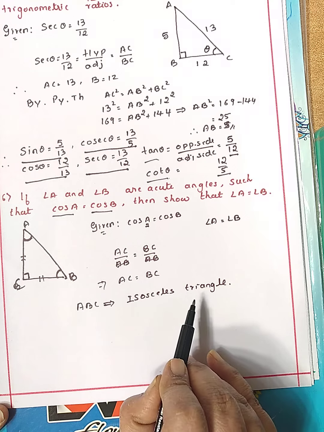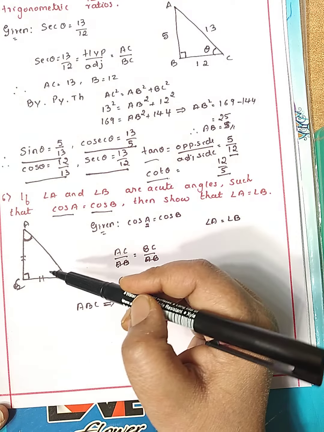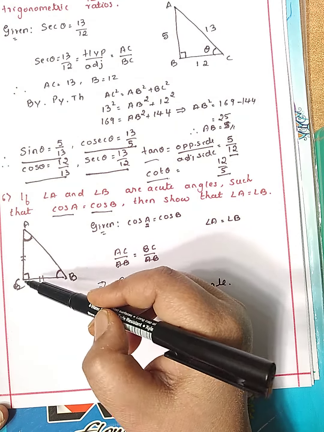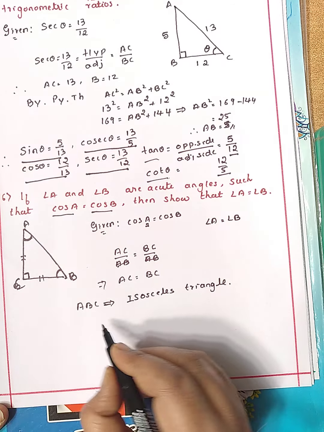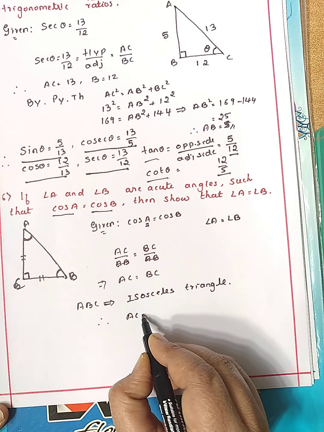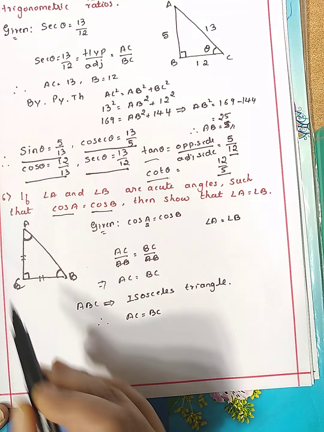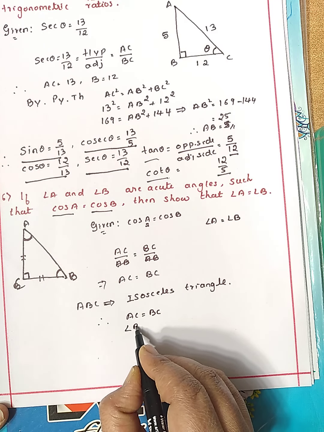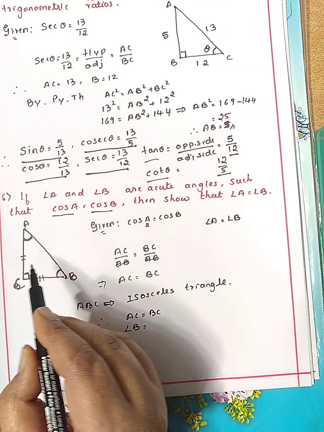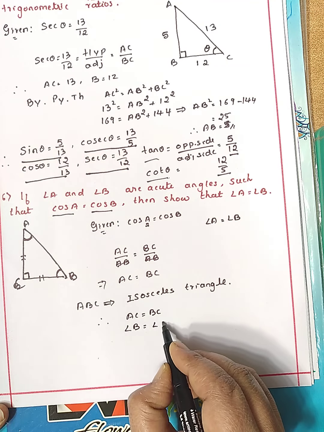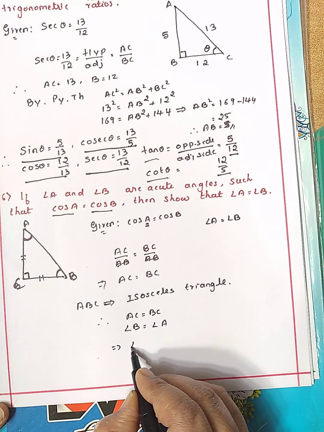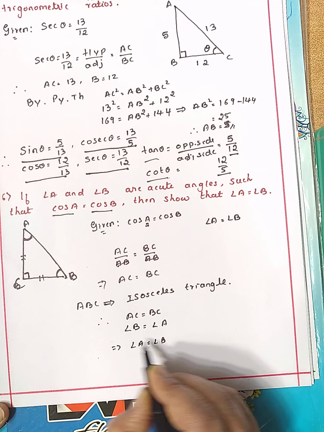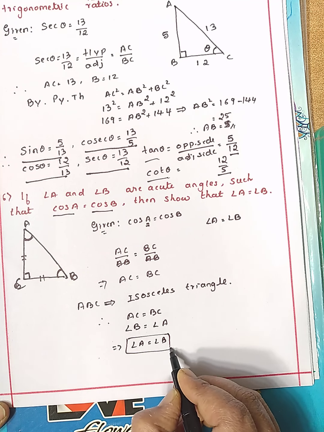In isosceles triangles, the angles opposite to the equal sides are equal. Therefore, AC equal to BC means angle opposite to AC is angle B and angle opposite to BC is angle A. Therefore, angle A equal to angle B we have proved here.